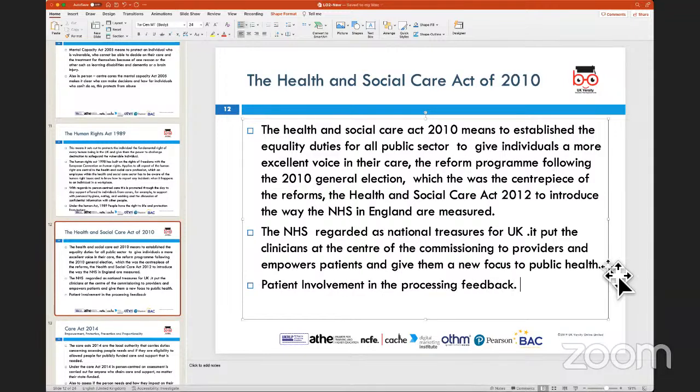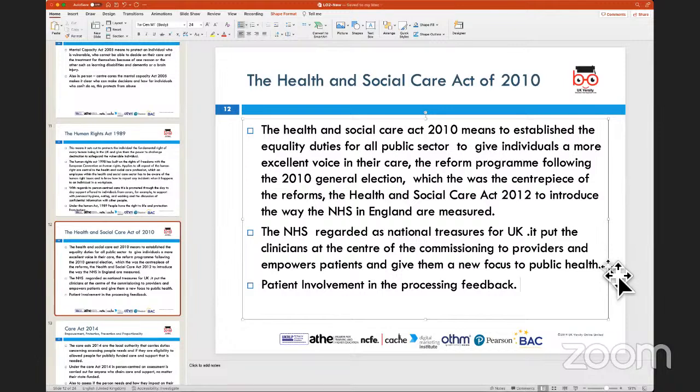So when practices have to be improved, or when processes have to be improved and best practices have to be introduced, the Health and Social Care Act of 2010 and 2012 introduced patient involvement as a key parameter in the decision-making process in terms of how care and treatment and planning and provisioning of these services by local authorities is done.